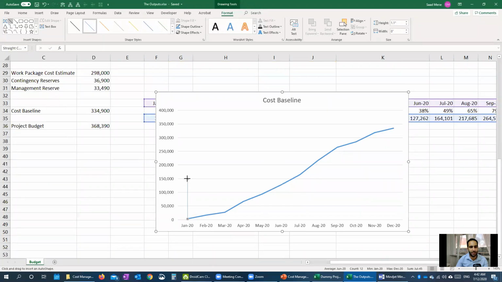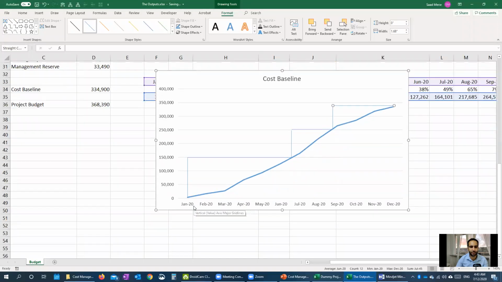And then I needed more, so I can draw up to here. And then I ask for a little more money, and up to here. A little more, sorry, up to here. And then I can draw this until the end of the project.